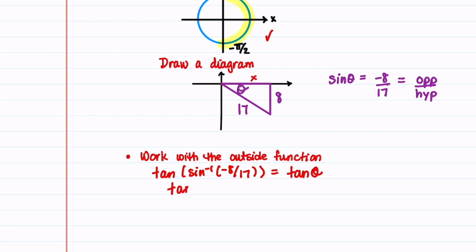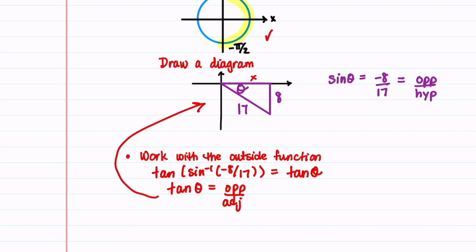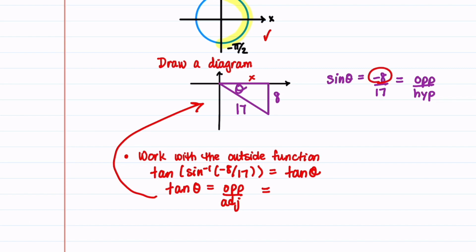Tangent of theta is equal to the opposite side divided by the adjacent side. When we look back up at our triangle, this is equal to the opposite side up here, which is -8, divided by our adjacent side, which is x. We can find x using the Pythagorean theorem because our triangle is a right triangle.